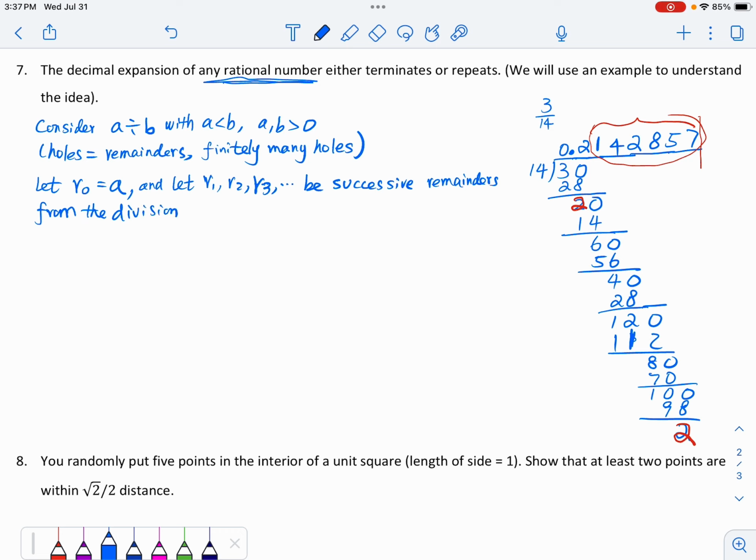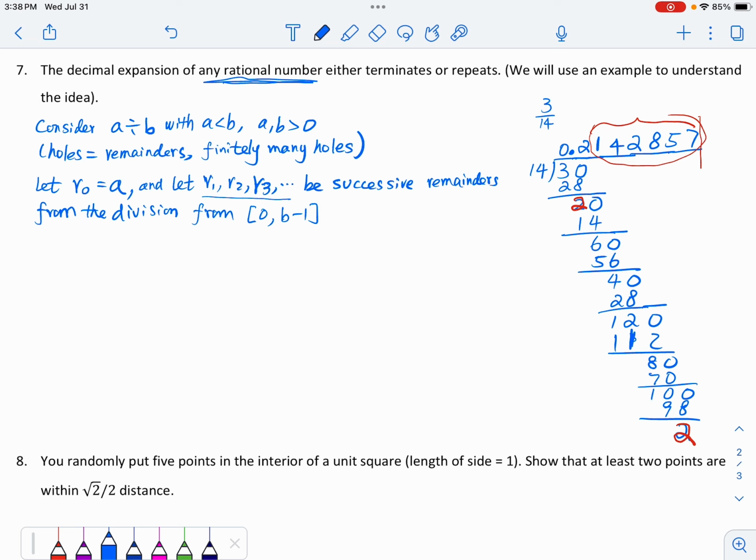By the way, these remainders must be from 0 to B minus 1. Just like here, when you divide by 14, the remainder needs to be from 0 up to 13. It won't be 14, so it will be from 0 to B minus 1. Those are the remainders, so those are the pigeonholes.